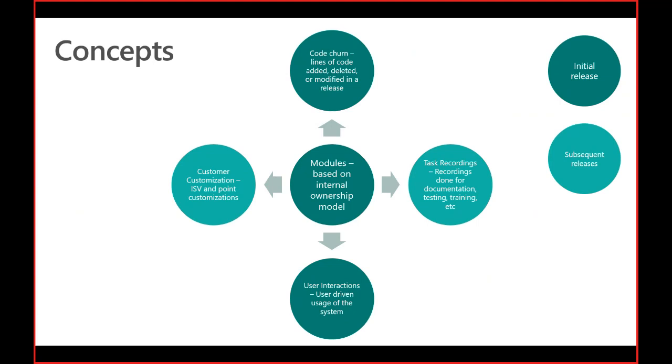Now, in looking at the concepts that you see here, there's some dark green bubbles that go in the vertical line, and then we've got a couple bubbles on the horizontal axis there. From the vertical axis, what we really are looking to do is making sure you know the code churn that is introduced as a part of that release.